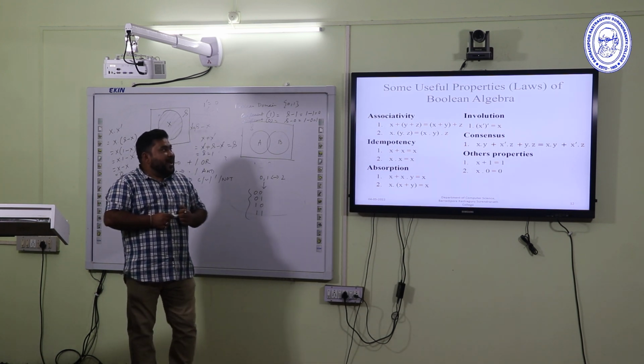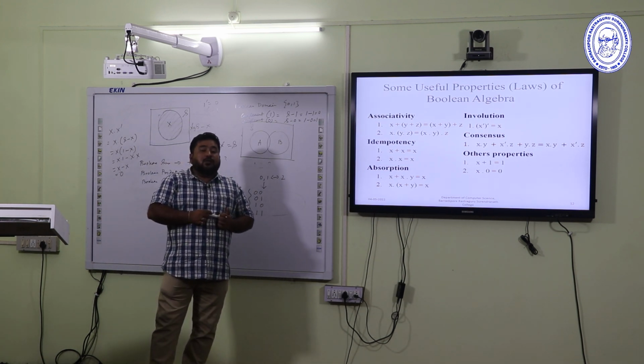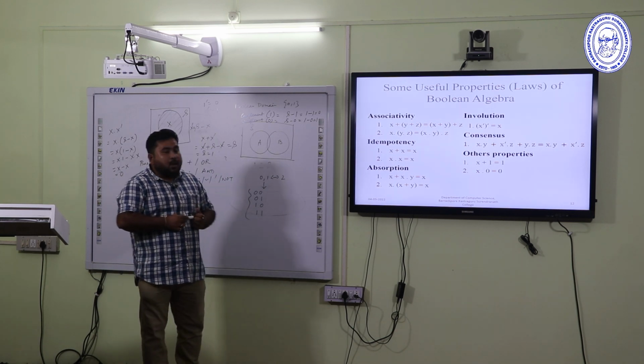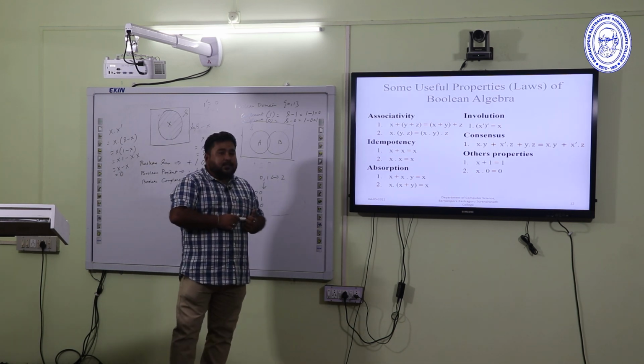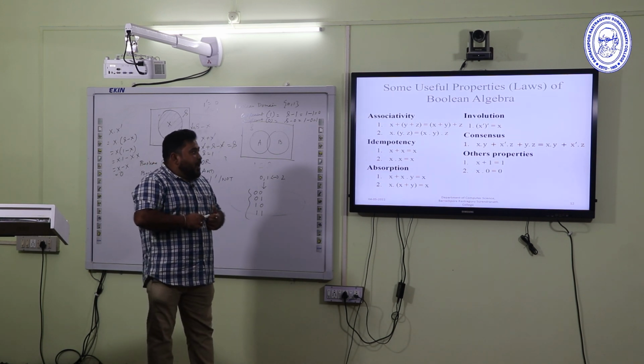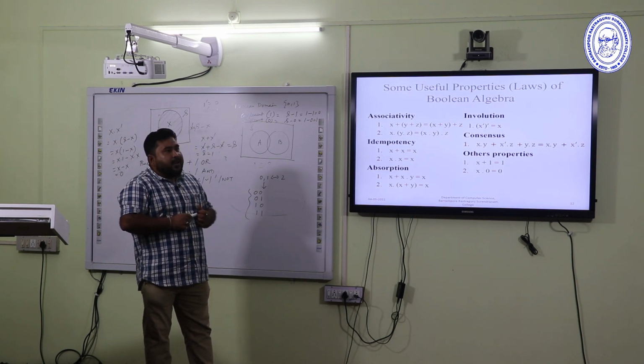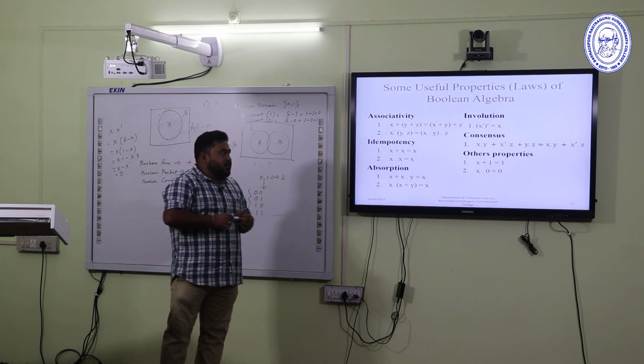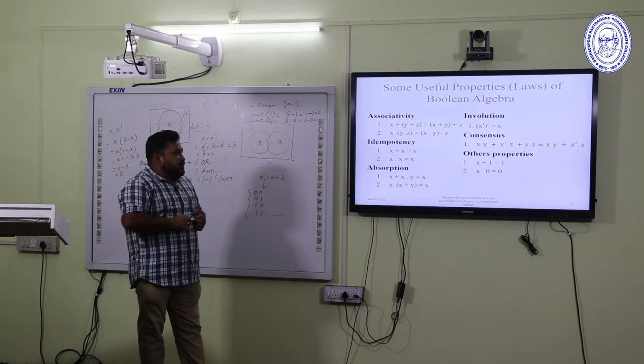The first law is the associativity, called the associative law. From this law we can deduce that X plus (Y plus Z) is equal to (X plus Y) plus Z, and the second principle is that X dot (Y dot Z) equals (X dot Y) dot Z. Next, the idempotency.